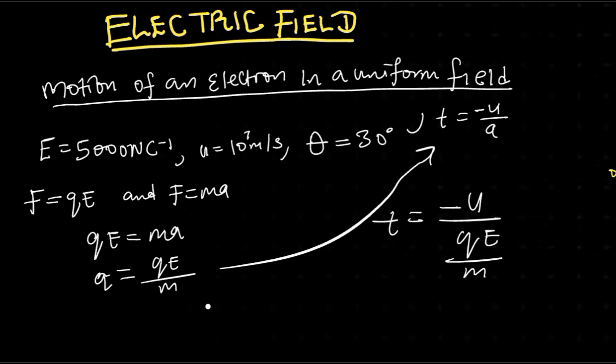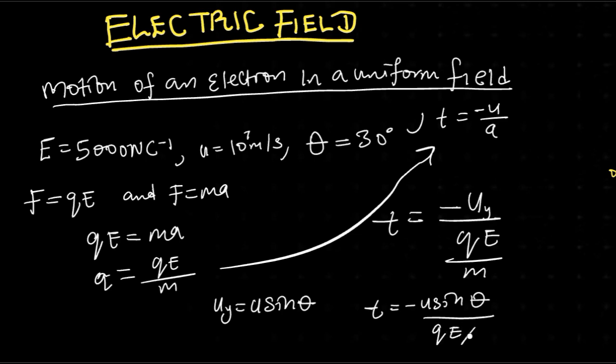And we use the formula. Remember that when bringing vectors to the vertical, you multiply by sine theta, right? So that means u_y is equal to u sine theta. So we substitute here u sine theta. So that becomes t is equal to minus u sine theta, because what we are using here is u_y over QE over m.